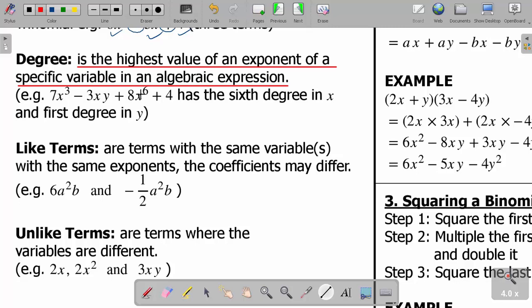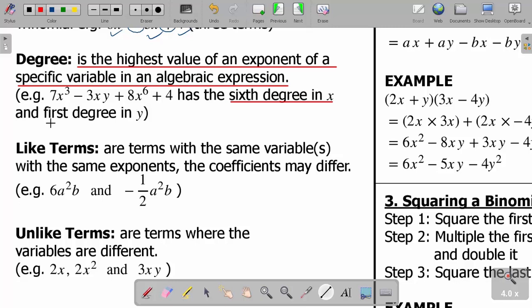Because the 6 is the highest, higher than 1 and 3, this expression has a 6th degree in x, because of this 6 which you see here. That's the degree of this expression in x.